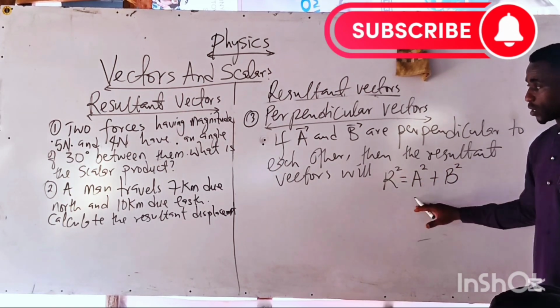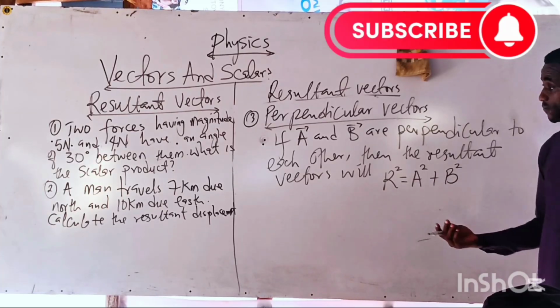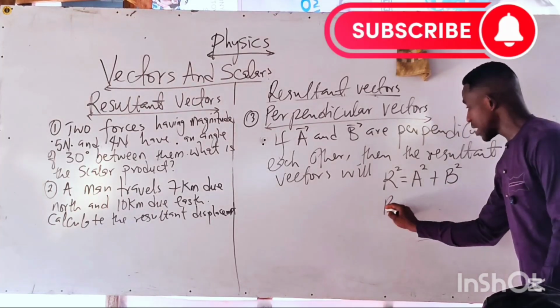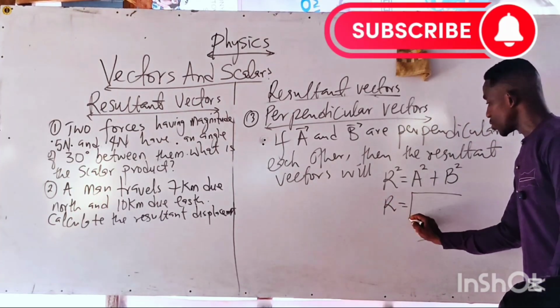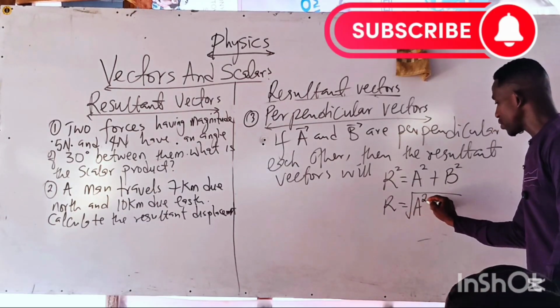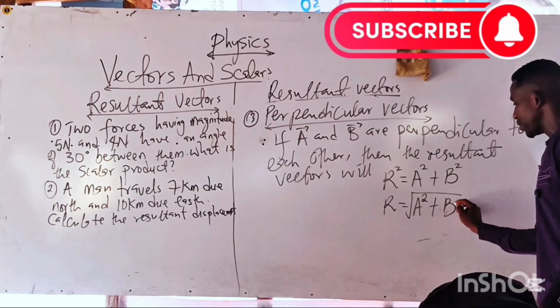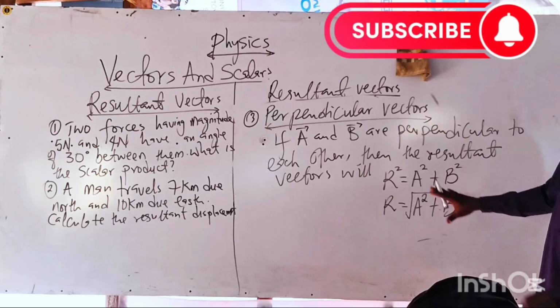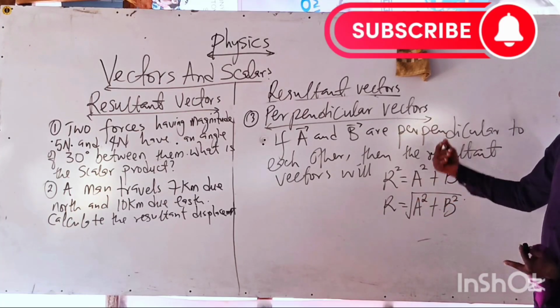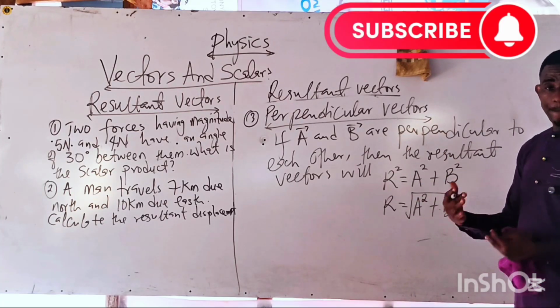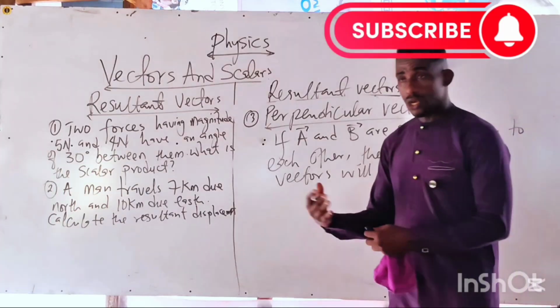This is what we use to find the resultant vector.